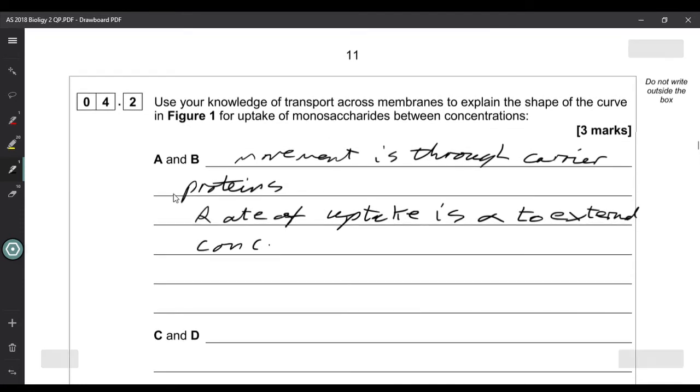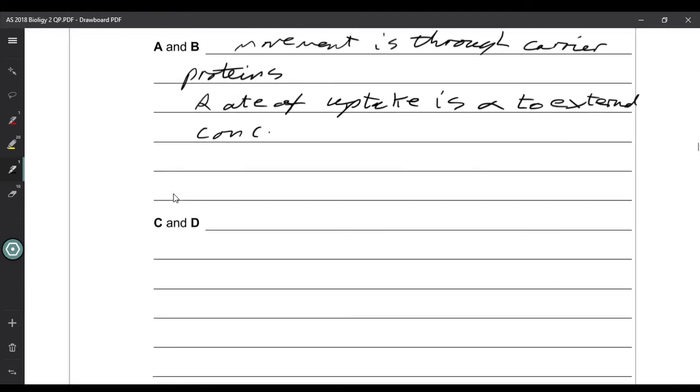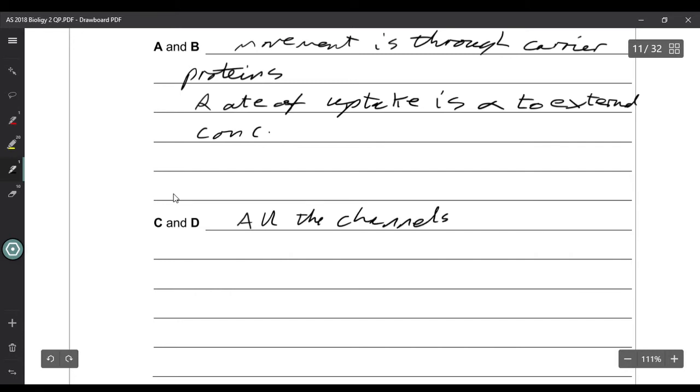Now between C and D, it's levelling off to reach a constant rate. So here we can say that all the channels are saturated.